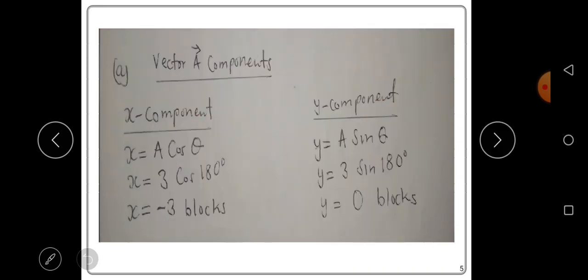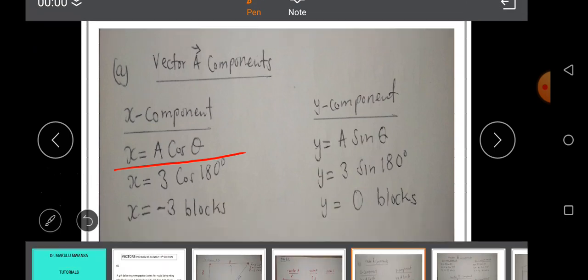So let's see the vector components of vector A. To find the components of vector A, we use some formulas. Let's start by finding the x component of vector A. We use the formula x is equal to A cos theta.